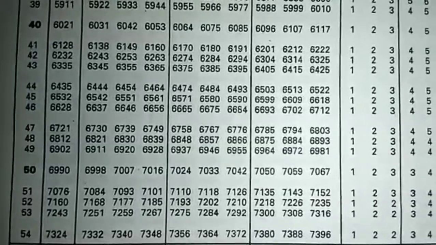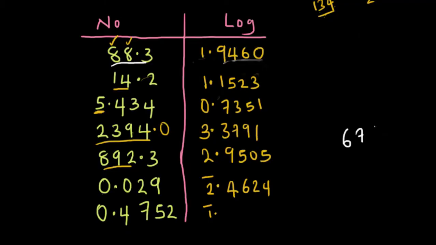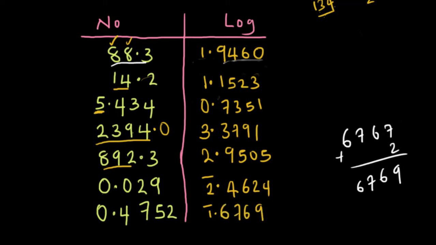Do you understand? 7 plus 2 is 9. So we should have about 1.6769, which is the logarithm of 0.4752. I hope you understand. So don't forget, you do the integer part first, then you finally do the decimal fraction part. I hope you understand.